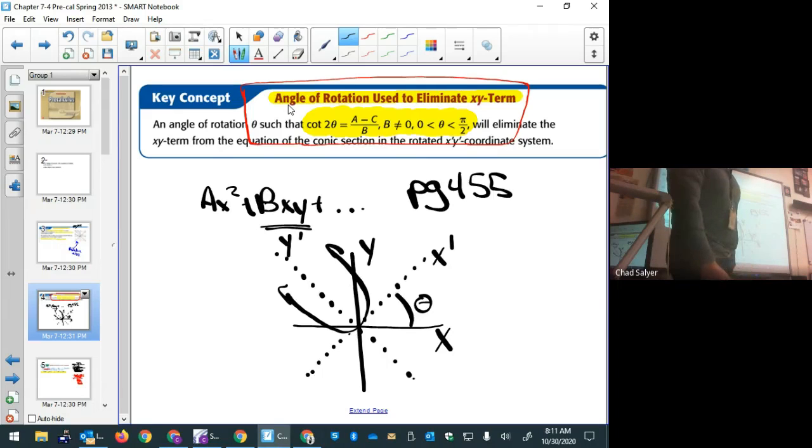Do you see what I mean? So we're going to rewrite this in terms of x prime and y prime, where it is a conic that is not skewed to those x prime, y prime axes. And the formulas I showed you on the last 2 pages accomplish that.